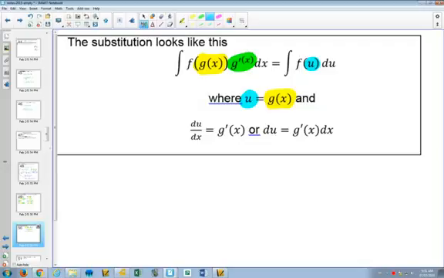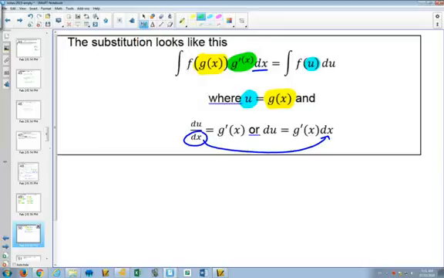But instead of having to integrate with respect to x, what we do with our function u is we say, if I take the derivative du dx of g of x, I'm going to get g prime of x. And if I rewrite that, this is where we do an interesting algebra thing with derivatives. du dx is a derivative, but if I want to go back and integrate, I multiply both sides of this equation by dx, moving that dx to the other side.